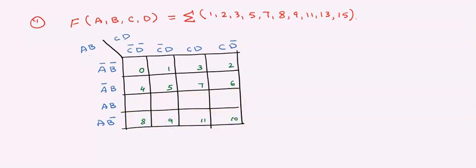Did you understand how I wrote it? 0, 1, 2, 3, 4, 5, 6, 7, 8, 9, 10, 11. Then 12, 13 and then 14, 15. Just draw the table like this. Okay. You can draw it like this.